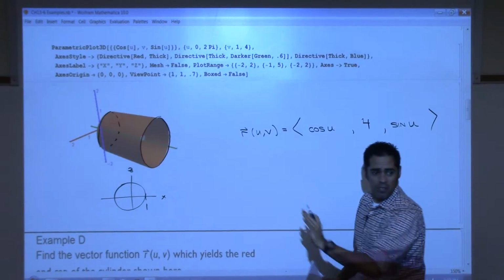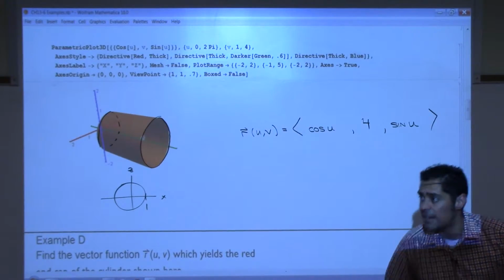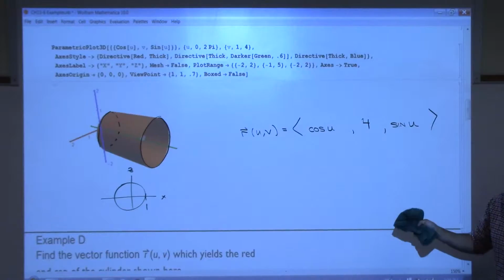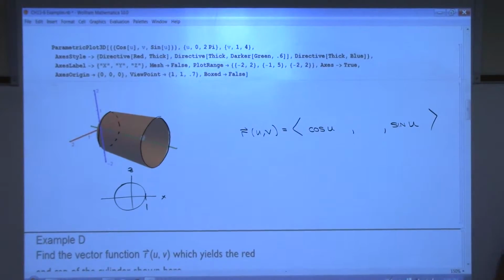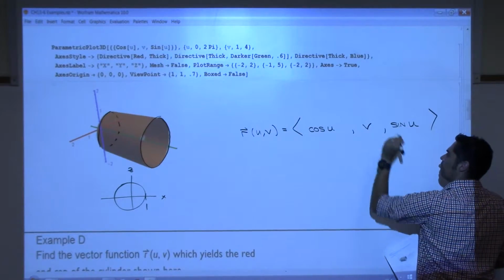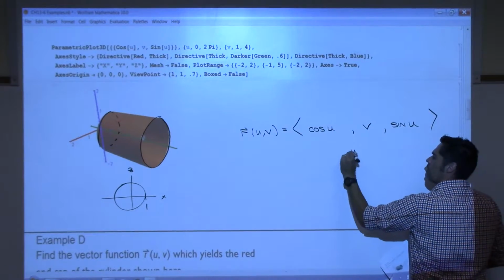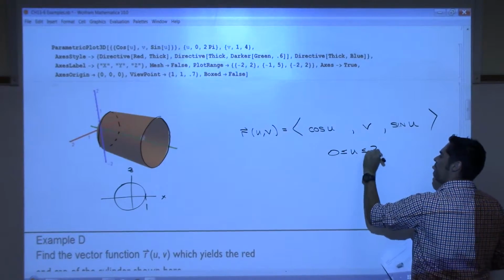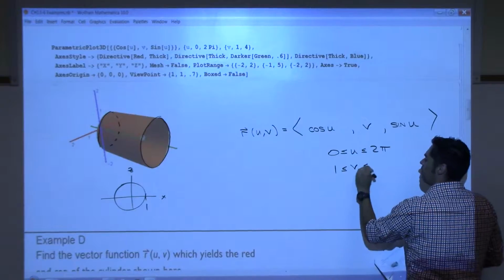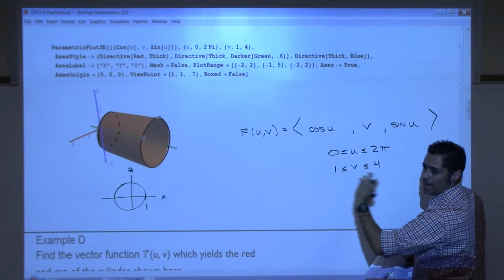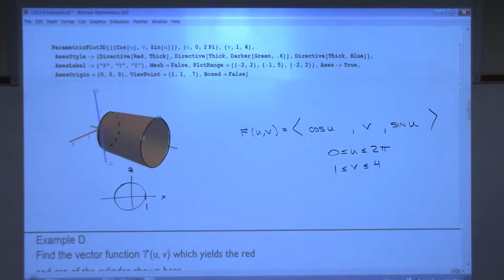But I want everything in between, so I'm going to need a variable here. I can't use u, so I'm going to use v. I'll let my u go between 0 and 2 pi. That'll draw me circles. I'll let my v go between 1 and 4, and that will move those circles back and forth, and that'll give me the cylinder. That's not so bad, right?